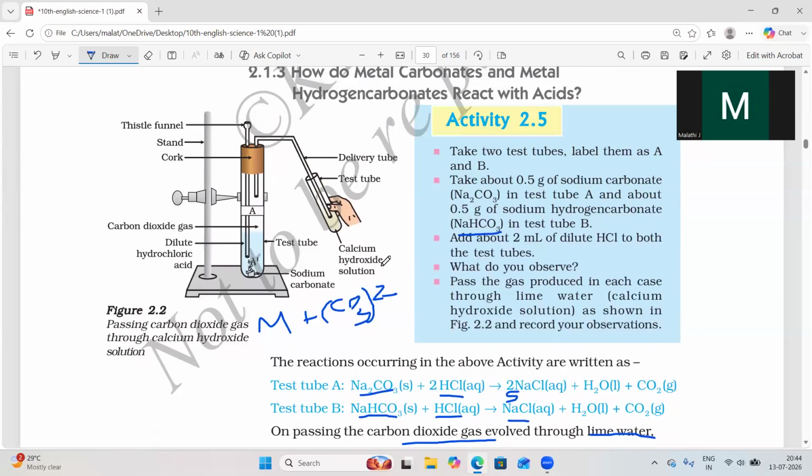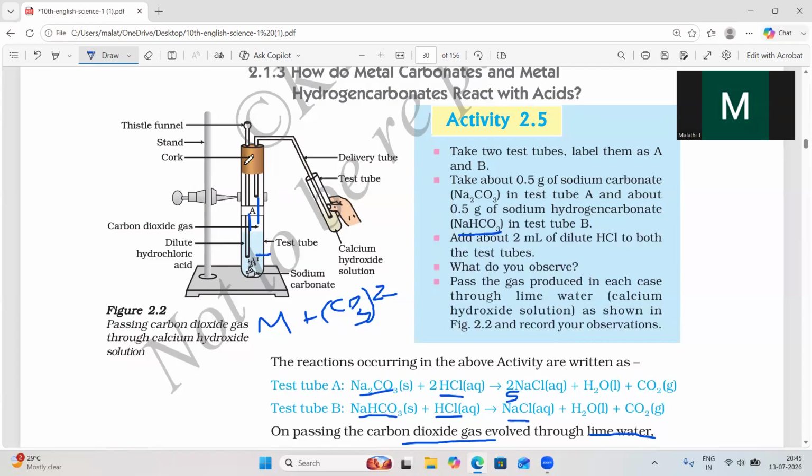Here, if you observe, you have to take calcium hydroxide solution, dilute hydrochloric acid and sodium carbonate. So we are using sodium carbonate plus HCl, and the gas carbon dioxide will be evolved. How do you observe it? If you observe the color, the lime water is colorless.